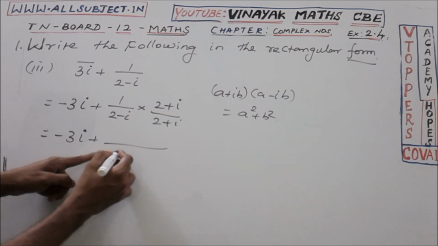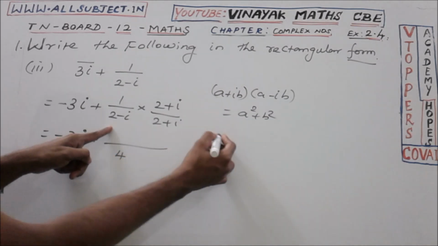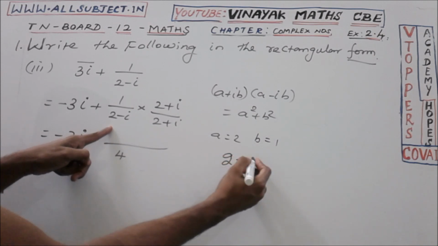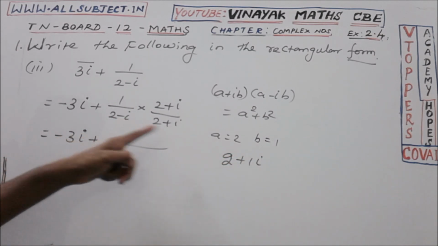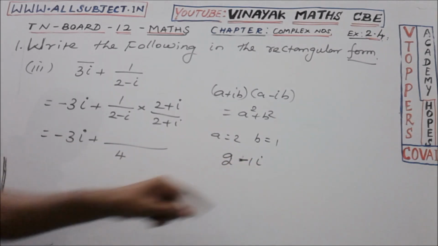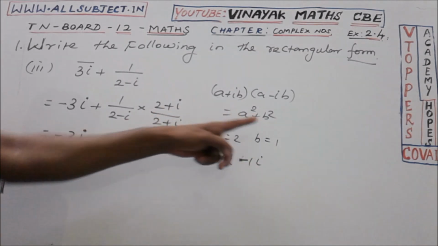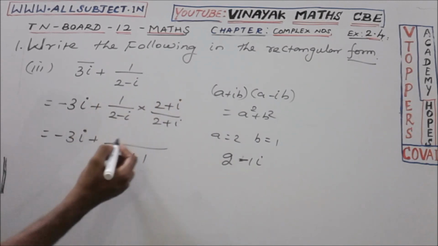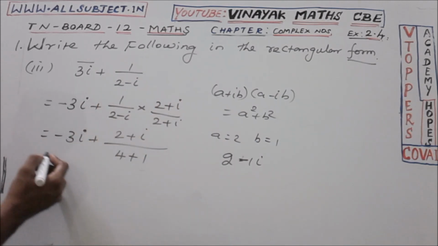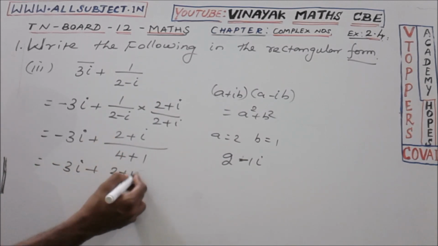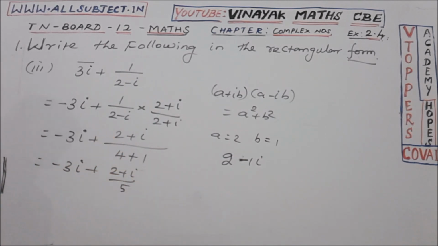That is 2 square, 4, a square, where a equals 2 and b equals 1, because 2 plus 1i or 2 minus 1i is in the denominator. Here a is 2 and b is 1. So squaring a and b, 4 plus 1. The numerator 1 into 2 plus i is 2 plus i. So we can write it as minus 3i plus 2 plus i divided by 5.